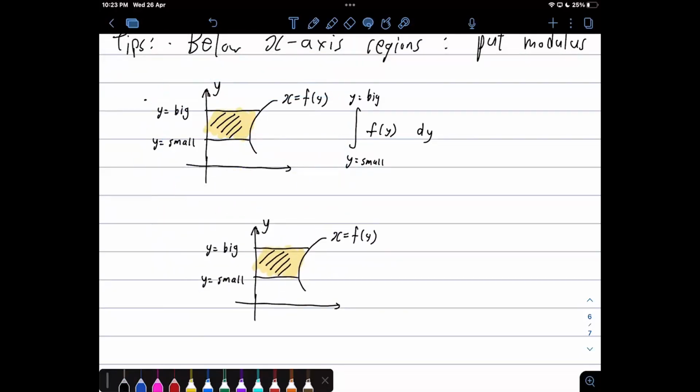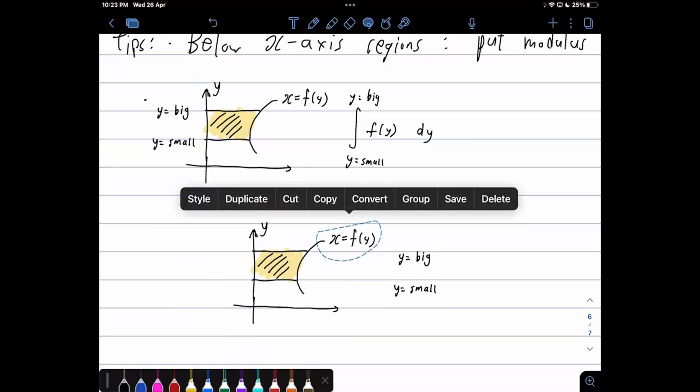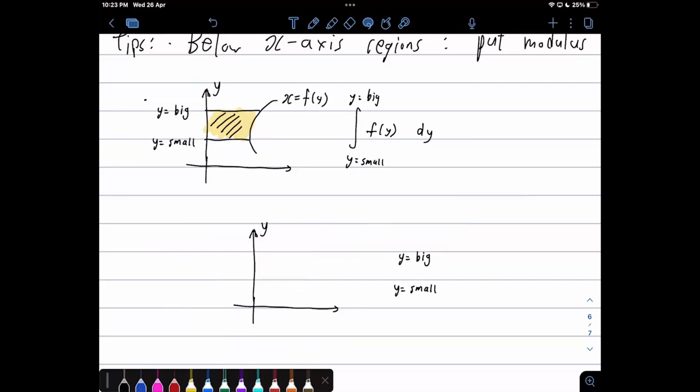Then this is just like the case where we are dealing with areas below the x-axis. We have to take a modulus. So let me give you an example. Let me think, how would this graph look? If I want the curve over here, then I would have to rotate 90 degrees around.